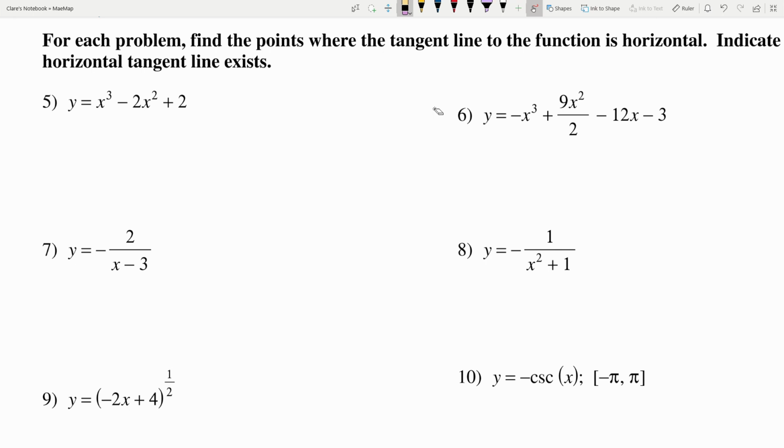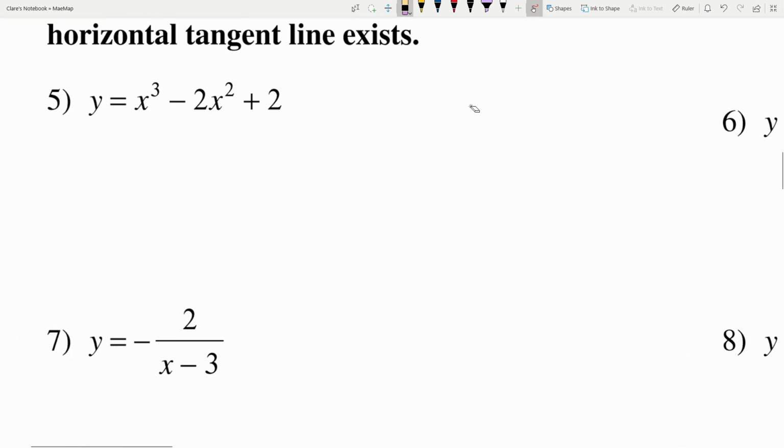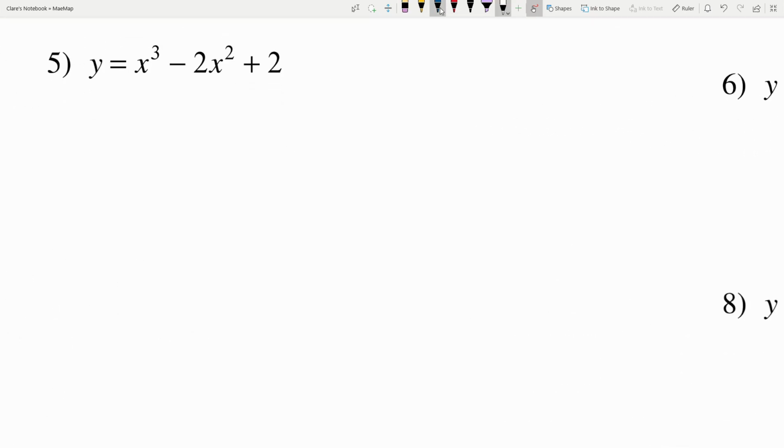So let's see if we have any of those. Let's jump into number 5. In number 5, we have y equals x cubed minus 2x squared plus 2. So the derivative of y with respect to x is going to be 3x squared minus 4x plus 0.